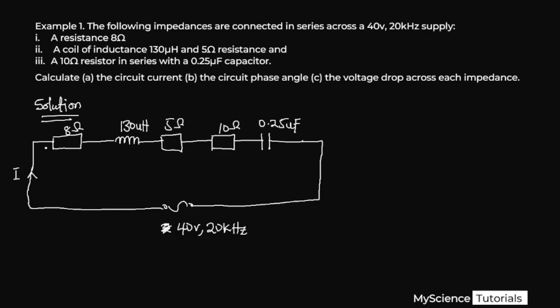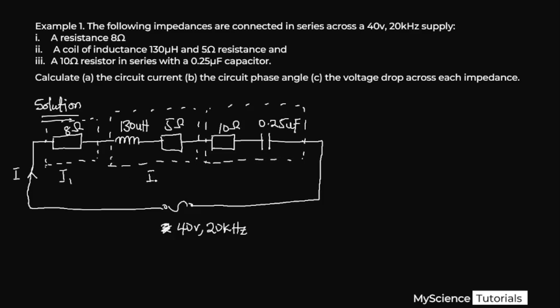This side will be considered as our impedance 1. This will be considered as our impedance 2, and then this will be considered as our impedance 3. So I'm going to use Z1, Z2, and Z3 for them.